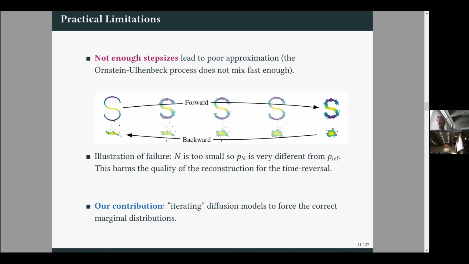Even if you're able to perfectly approximate the score, if you start from a Gaussian distribution and try to reverse that, at time 0 you have something that looks nothing like the distribution of the data. The problem arises from the fact that the marginal distribution at time n of your diffused data is nothing like a Gaussian. So that's a problem. Is there a way to speed up denoising diffusion models in a principled way?